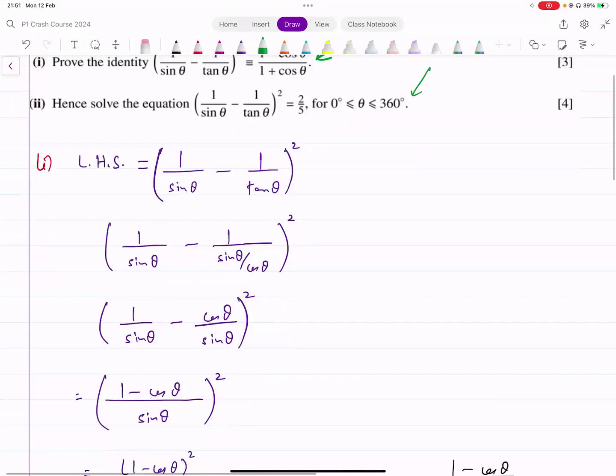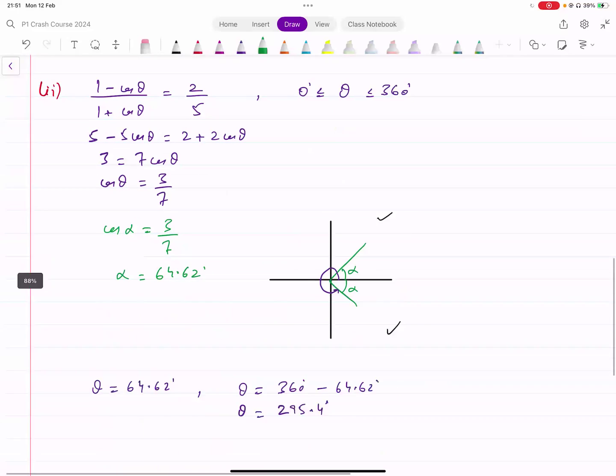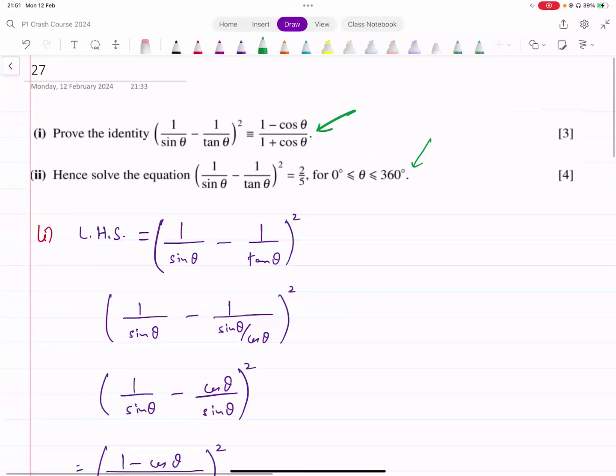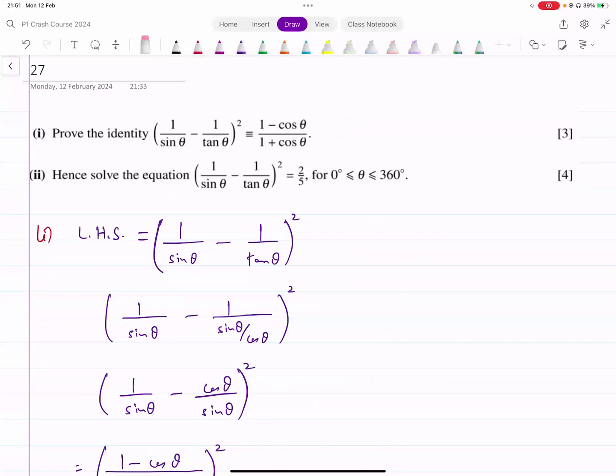The second part is so straightforward. That's easy 4 marks. You can do this without the first part as well. So mostly when they ask you to show something in the first part, if that part is complicated, the next parts are mostly much easier. What happens is candidates often attempt the first part, they're not able to figure anything out, and they just leave the whole question, and that messes up their grade.